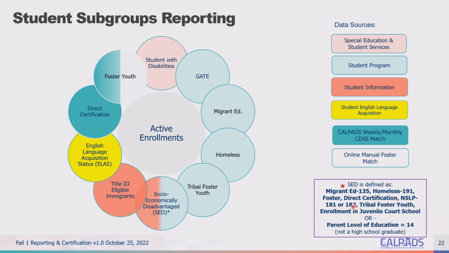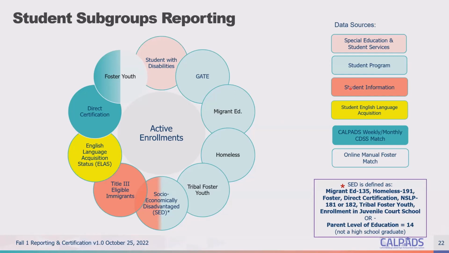It is indicated here. So we basically use the programs as well as state matching. You have your direct certification and foster youth matching. The enrollment, if a student is in a juvenile court school, or if the student's parent ed level is equal to 14, which is not a high school graduate, which comes from the Student Information File or SINF.